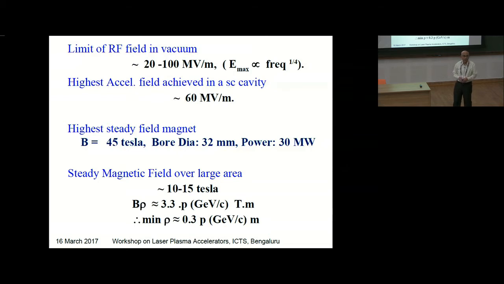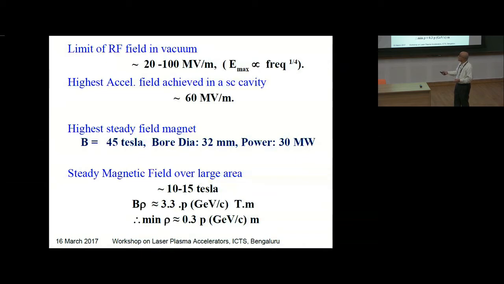Minimum rho is 3 kilometers. So for 100 TeV, you need several tens of kilometers radius just to keep it in. So it will come to very large. That sort of gives a limitation of the size of the magnets and the size of the machine.